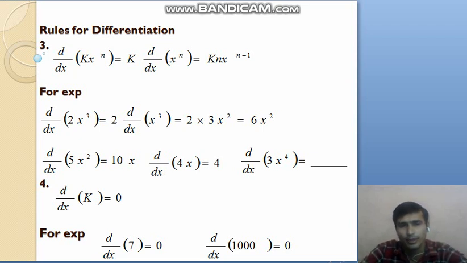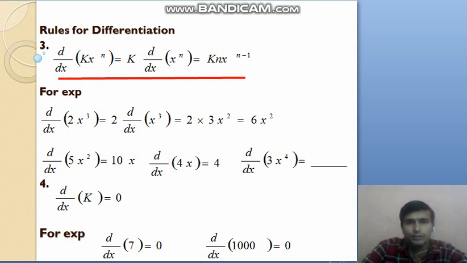So we take the constant value k outside the differentiation, and d by dx of x raised to n is n x raised to n minus 1. So if the constant value is there with the variable, the constant value does not change with the variable, so we take it out from the differentiation as it is, right, and the remaining part we differentiate with respect to the variable.